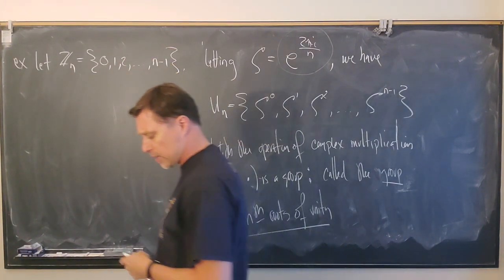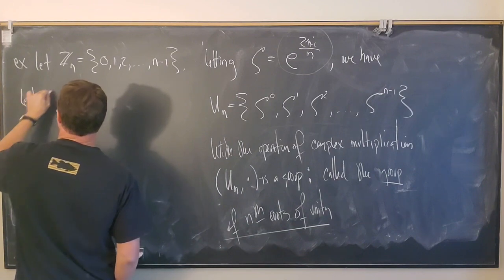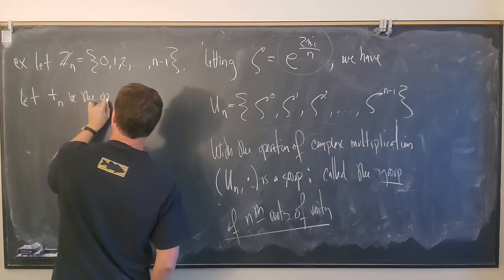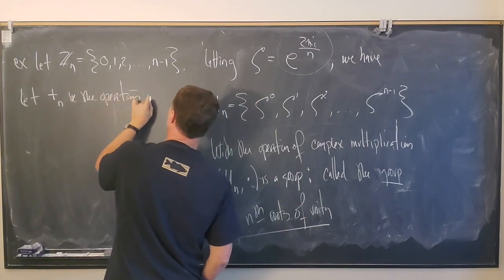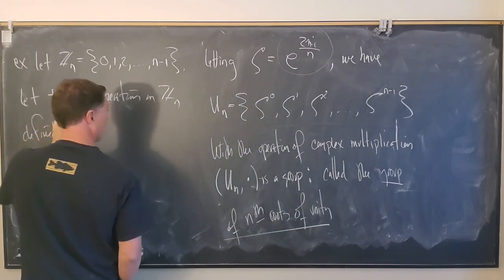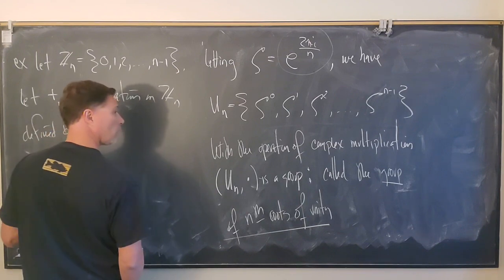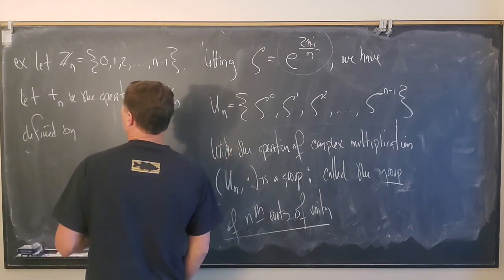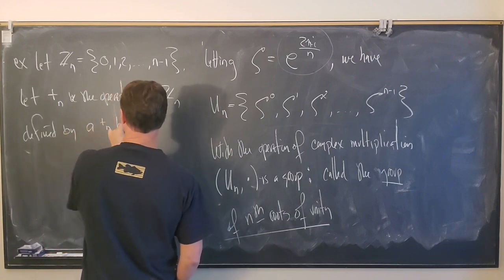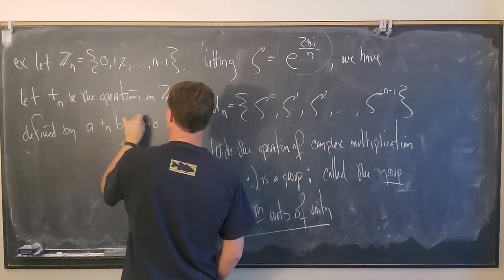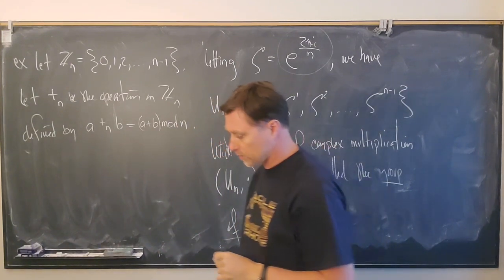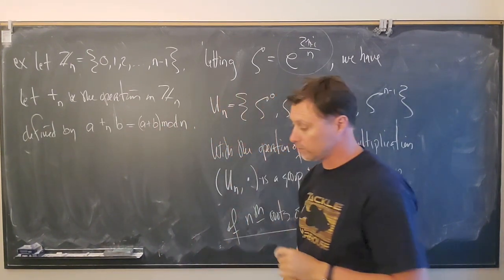And I want to give an operation, so let plus sub n be the operation on Z sub n defined by a plus sub n b is equal to a plus b mod n. So it's the operation of just addition modulo n.